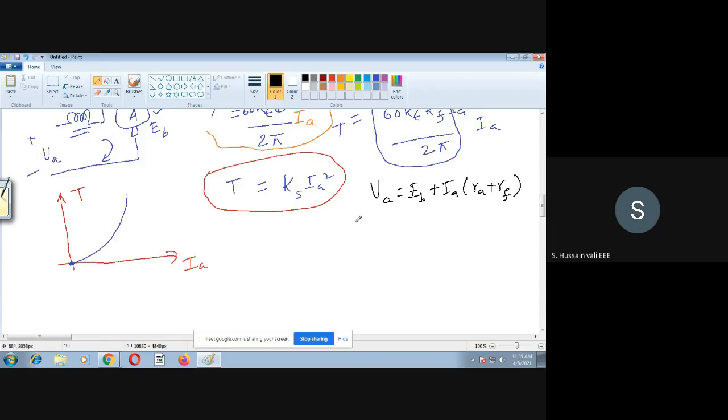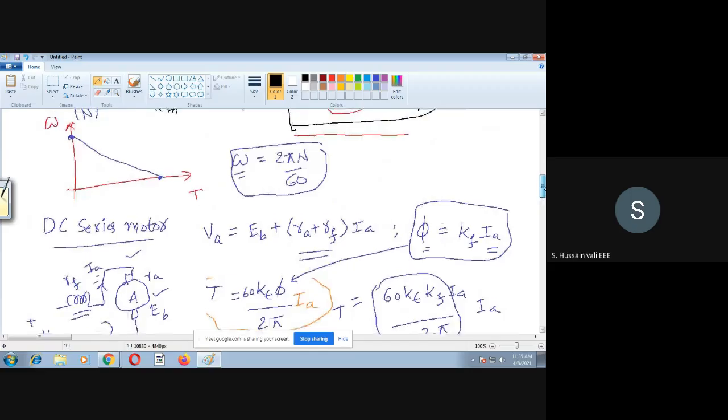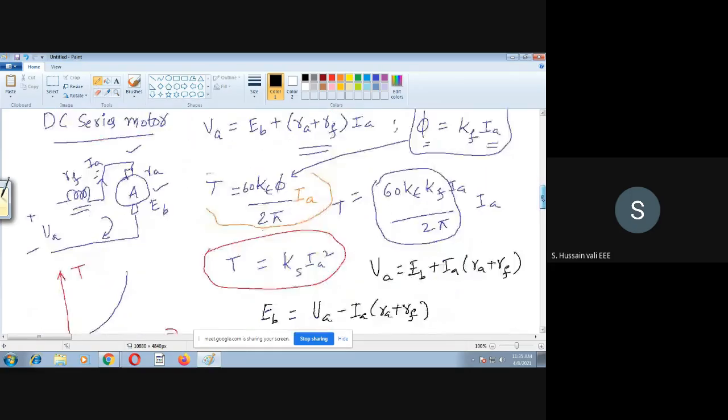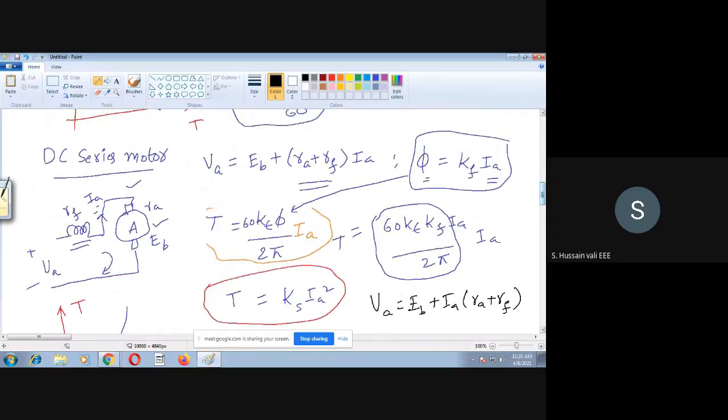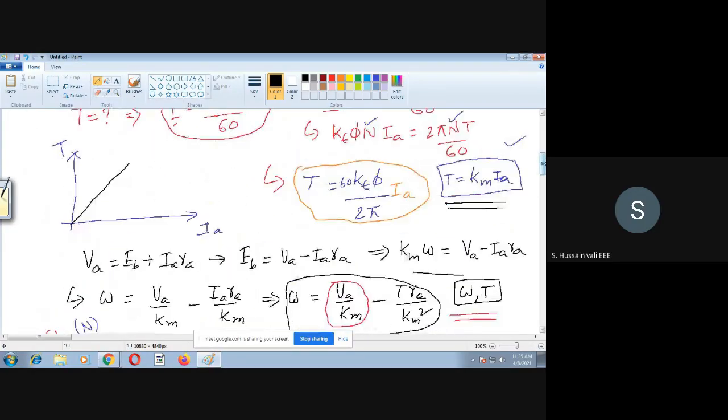And then, what is Eb from this? Eb is equal to Va minus Ia into Ra plus Rf. This equation we got. What's next is, how can I write Eb here? That's the question. We recall the Eb here. You have two kinds of equations for Eb.